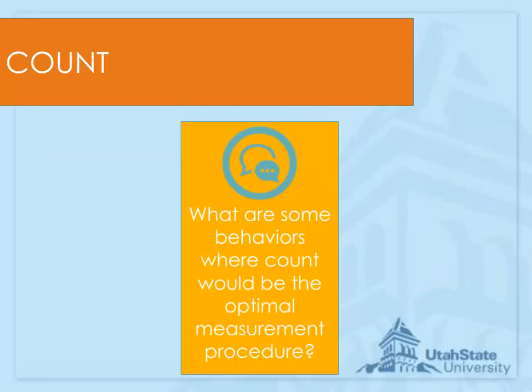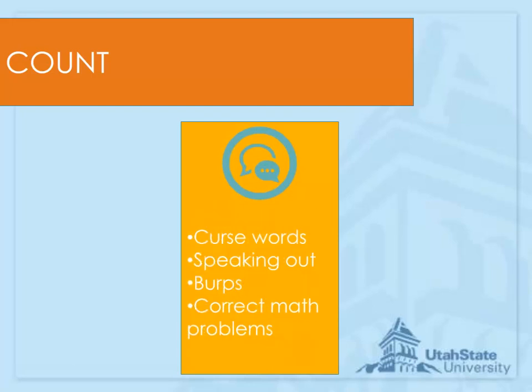So take a moment and think of some behaviors where a count or frequency measure would be the optimal data collection procedure. Some behaviors that lend themselves to a frequency measure are the number of curse words spoken, questions asked without raising hand, burps at the dinner table, or correct math problems on a worksheet.